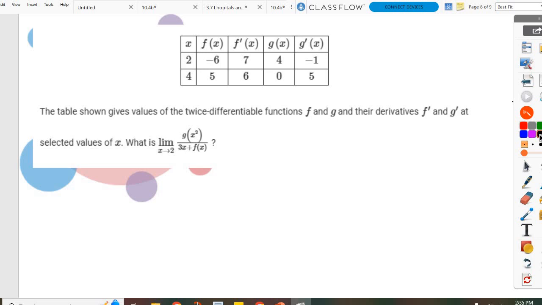Now, if I wanted to find that limit, what is the first thing that we want to try? Just like with any other limit. Direct substitution, yes? So if I directly substitute, I have g of, well, what is 2 squared? 4. And 3 times 2 plus f of 2. Yes? Well, what is g of 4?